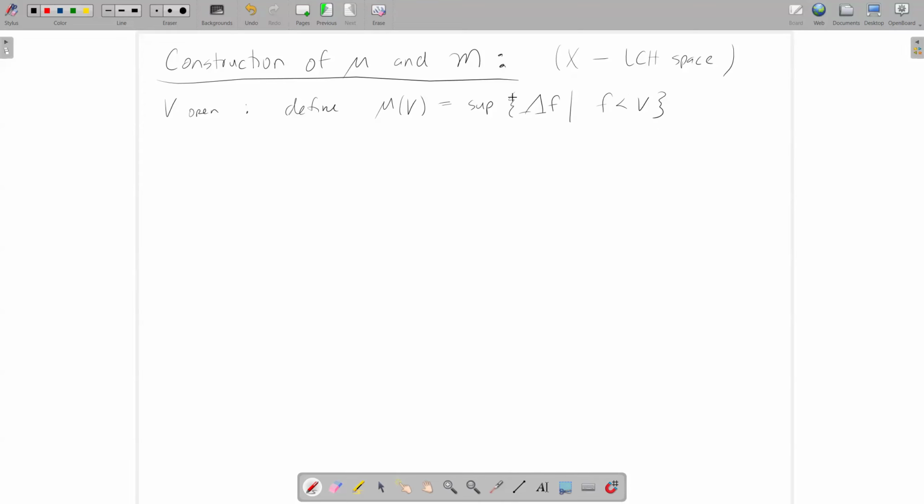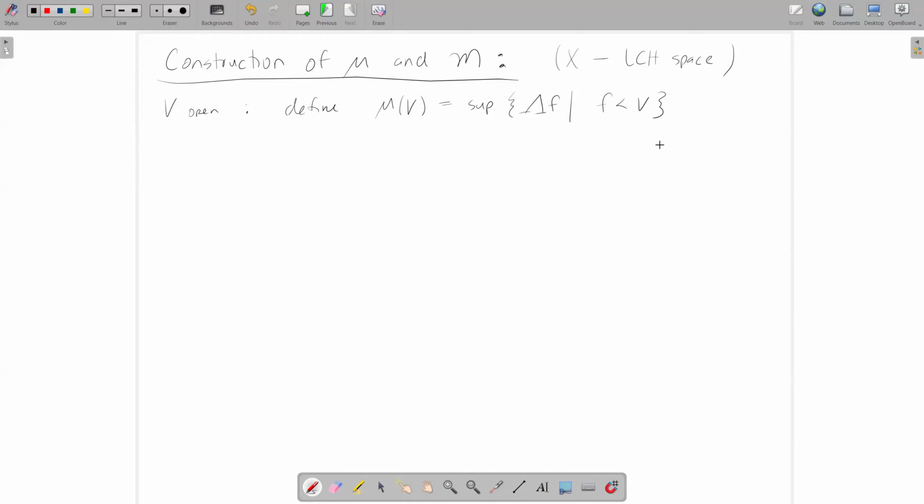Somehow that's the one that really gives us the measure of V. But we can't have the indicator function of V because that is not a continuous function, and it also may not have compact support, depending on V. That's why we insist that f be a continuous function with compact support, and that support has to be contained in V. That allows us to get up to V from here.